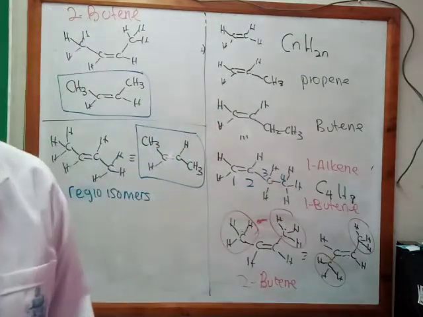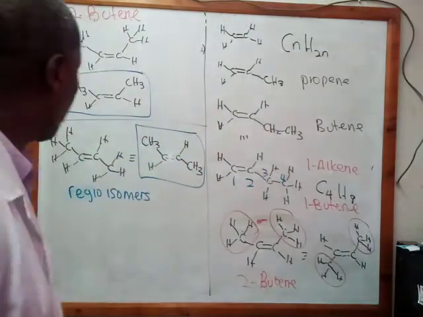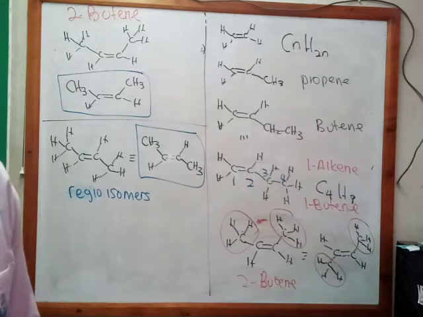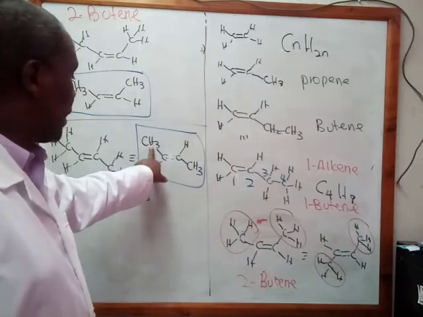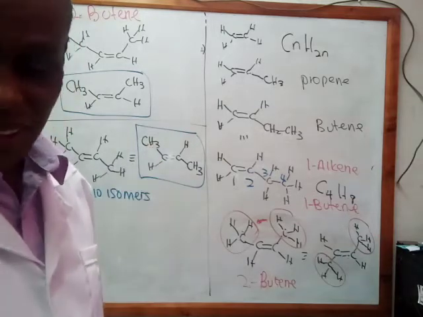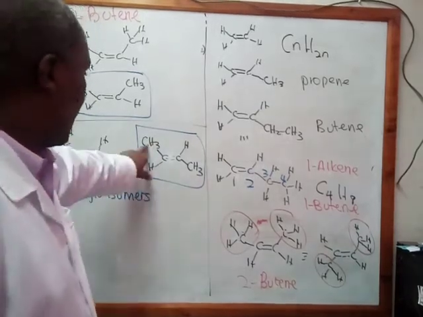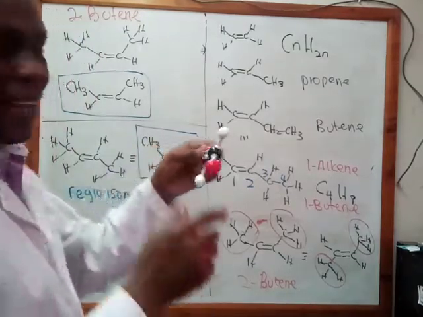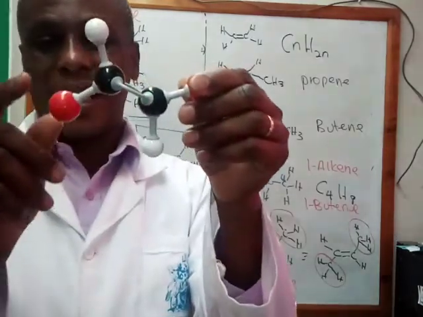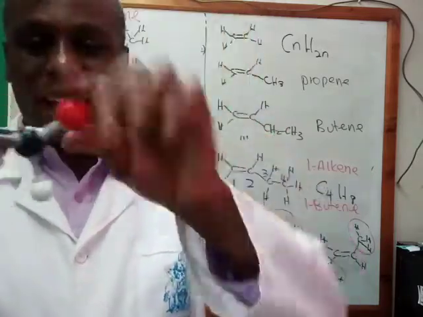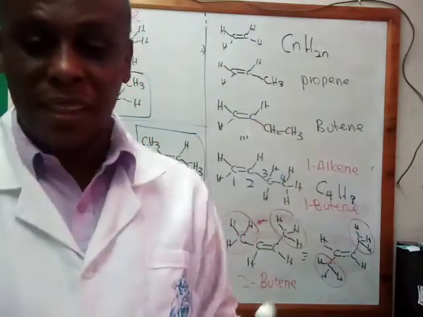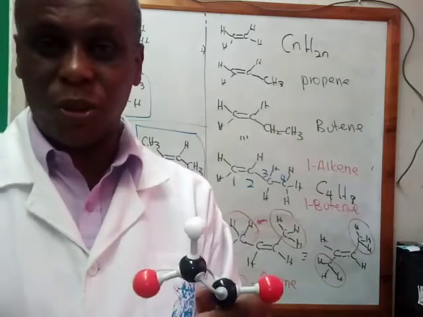Now, I want to show you. So let me take my CH3 as my red ball. So this is my CH3 and this is another CH3. Though I can show it as a methyl group, that will complicate what I'm trying to show you.